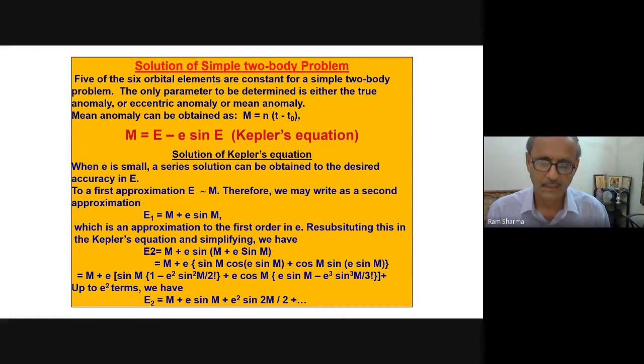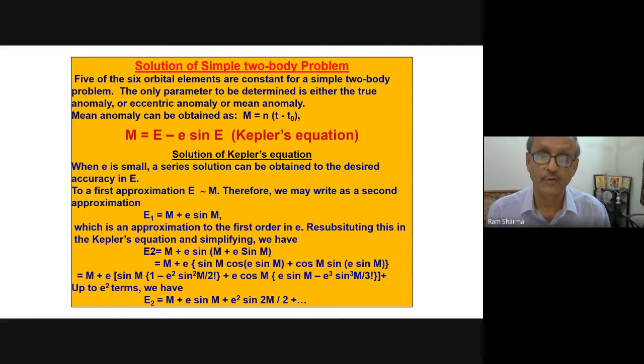They are only valid when x is small or e is small. I'm just giving you an example only up to second order, but this solution can be given with even higher order terms also, E2, E3, E4, etc. And the more terms you take, the solution becomes more accurate. But as I told you, there will be a limit after which the solution will not converge.